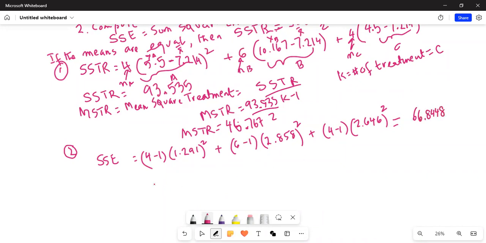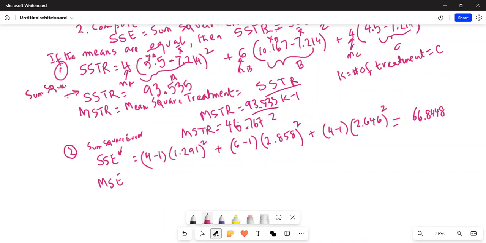Now just like before, we also calculate MSE. So this is called sum square error, which is basically the sum of the variances within each sample, and this one is called sum square treatment, like I said before.